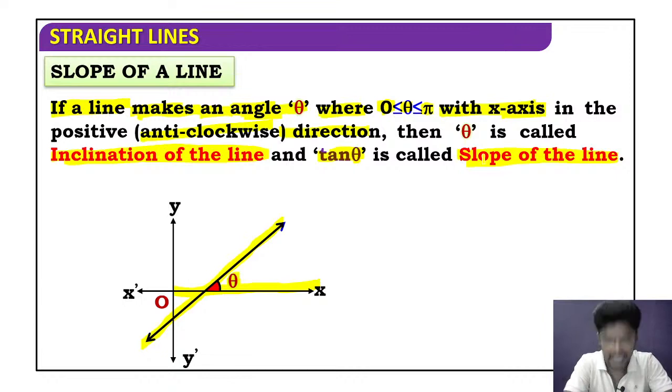So most of you are telling the correct answer, that inclination made by a line with the x-axis is called slope.